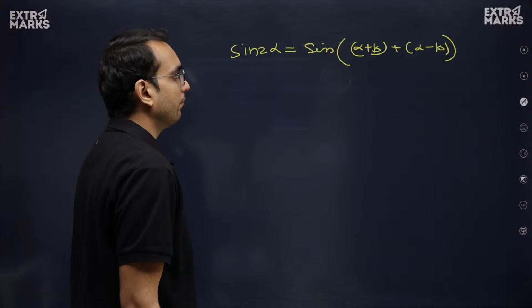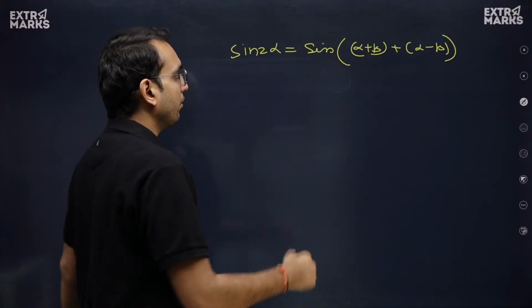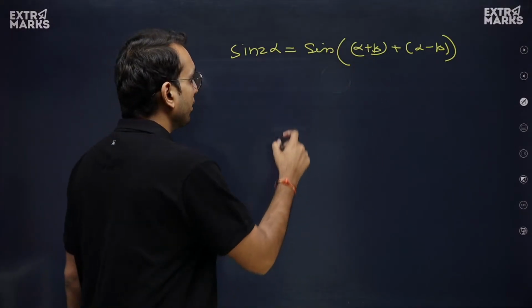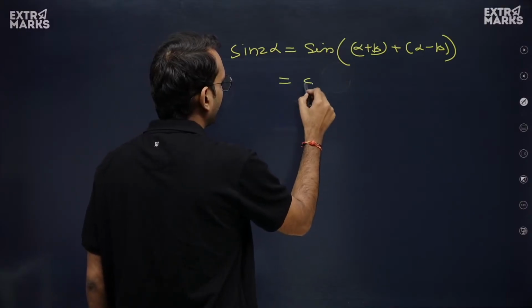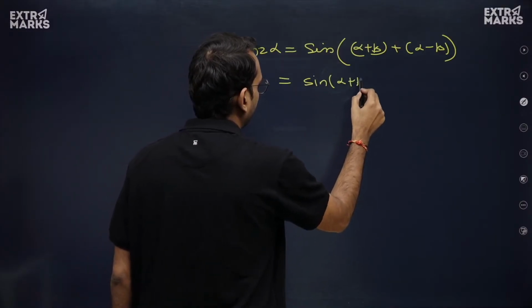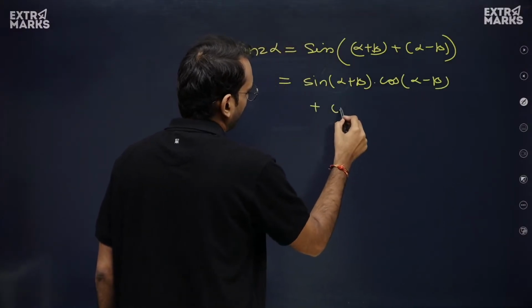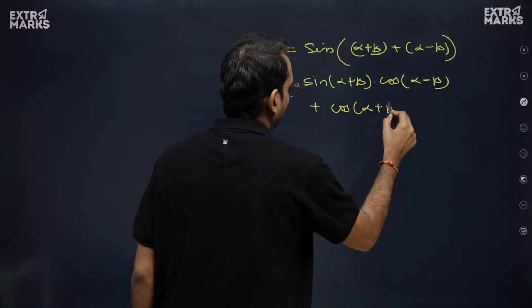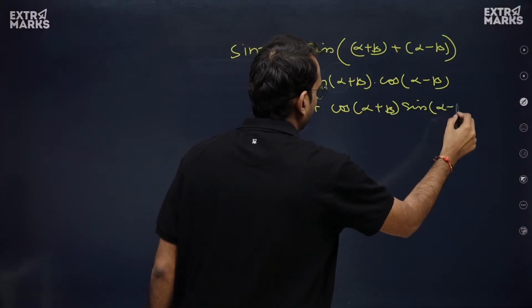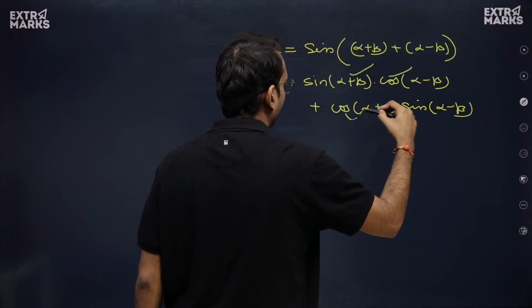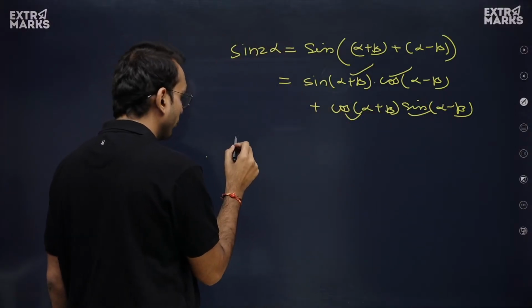You know sin alpha plus beta, sin alpha minus beta, cos alpha plus beta, cos alpha minus beta. So you can put the value of these as sin alpha plus beta cos alpha minus beta plus cos alpha plus beta sin alpha minus beta. You know everything, so you can put the value of this and find the value of sin 2 alpha.